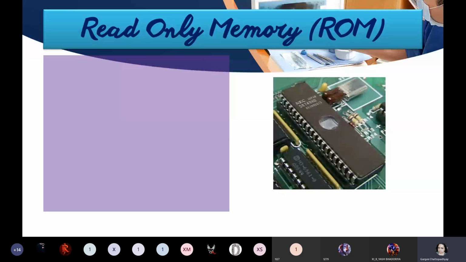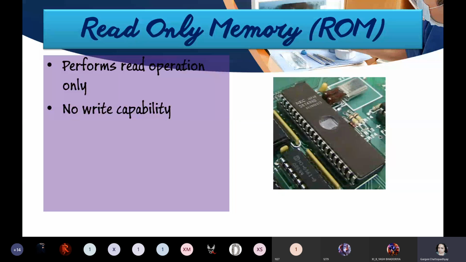Next is read-only memory or ROM. It performs read operation only. There is no write capability. Why?